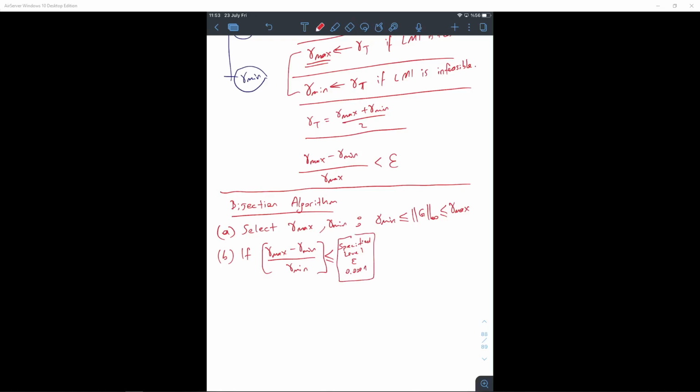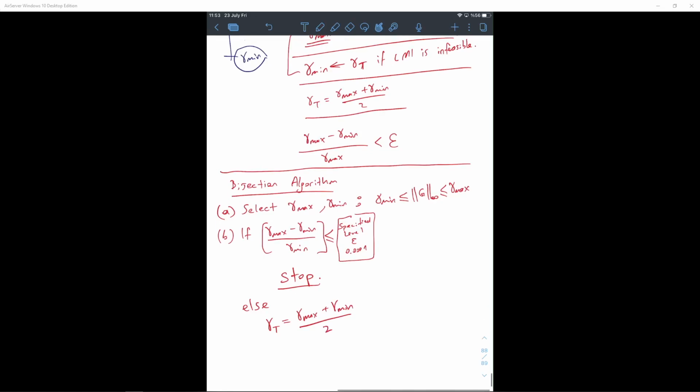If that's correct, stop. Otherwise go to the next step, which is set gamma t equal to the average of gamma max plus gamma min.